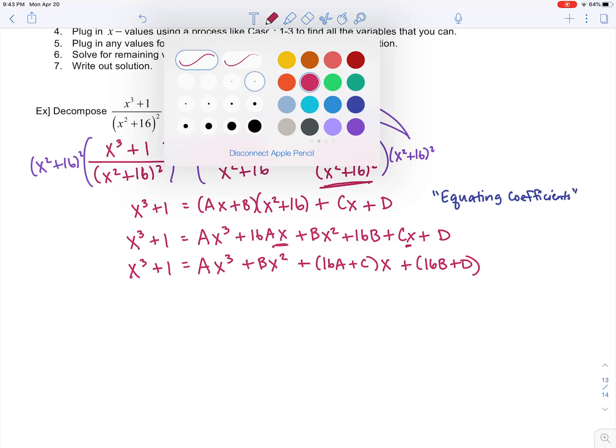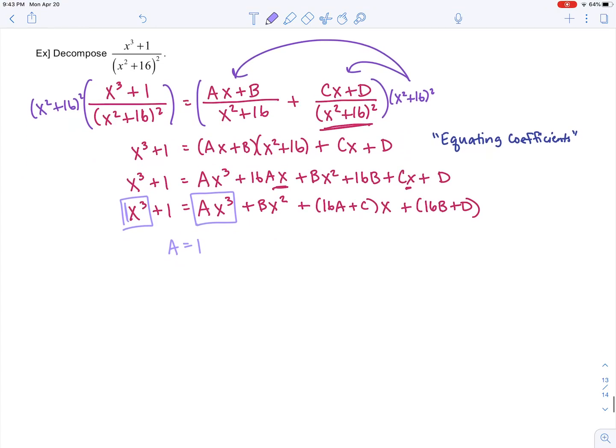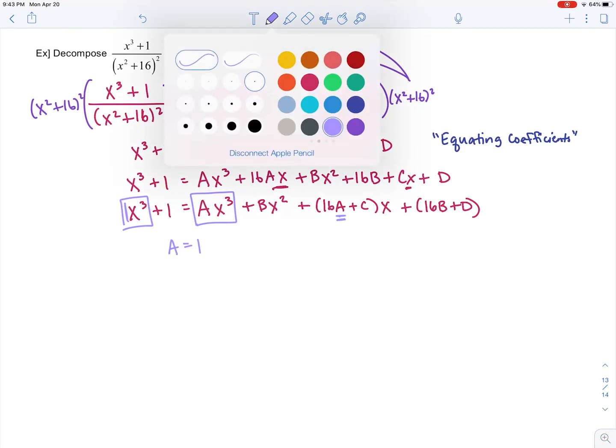So I'm going to start by looking at just the degree 3 terms. Here I have x cubed, here I have ax cubed. So equating coefficients tells me that these terms should have the same coefficients. This doesn't have a coefficient, so it's understood to be 1, so a must be equal to 1. Okay, so that's kind of powerful because I can now replace this with a 1.